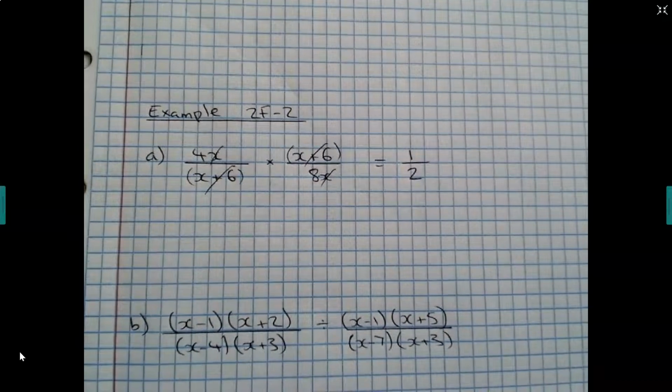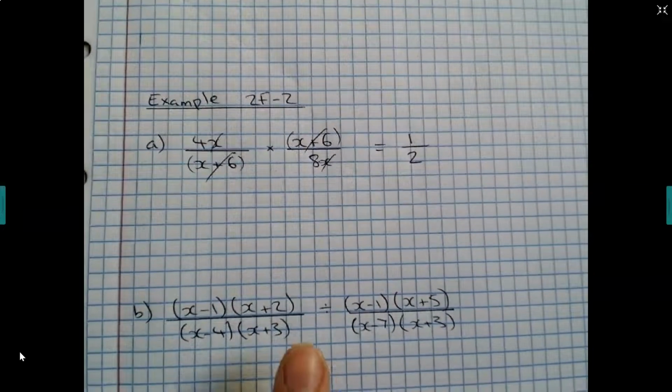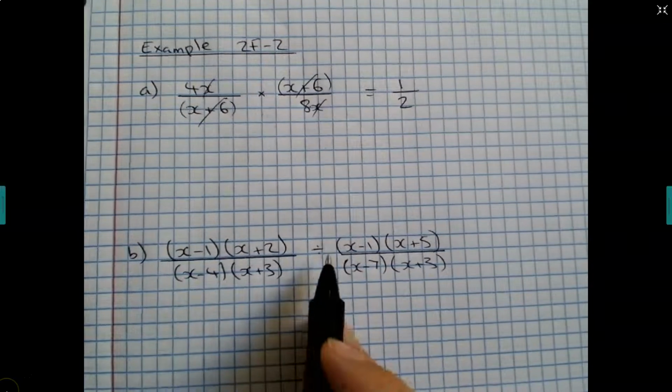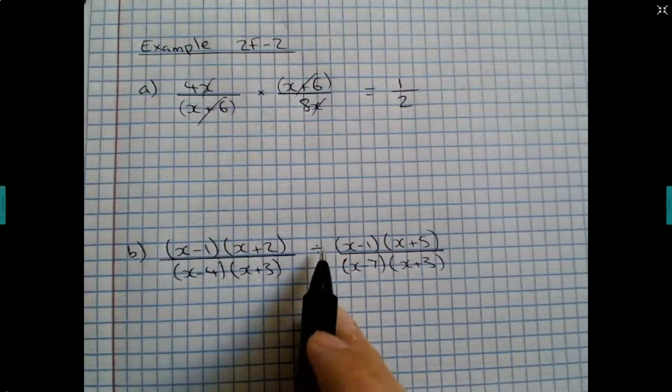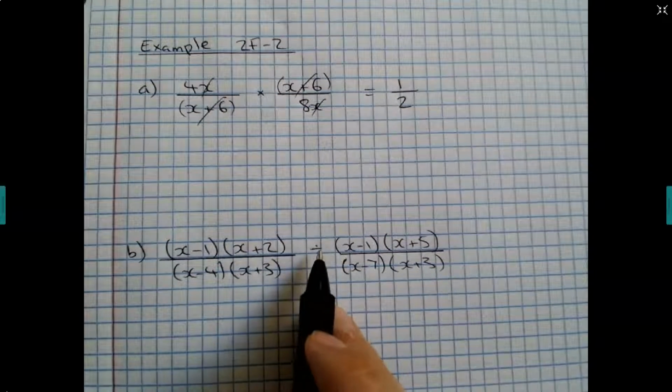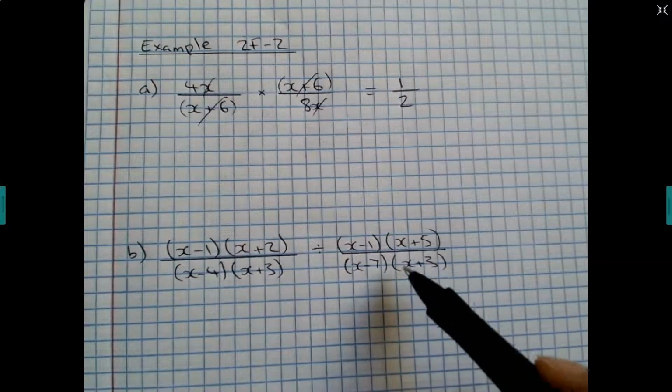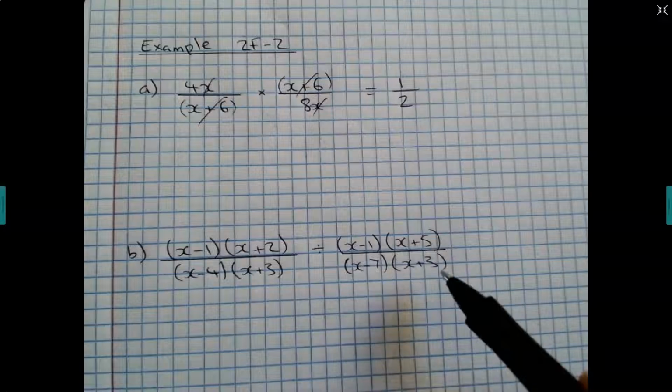Alright, now we get into the fun stuff. So, we have something that's looking like it's got quite a bit going on. I'll just pause this. Okay, so we're going to rewrite this and we're going to get rid of this division. We're going to change this division into a multiplication by flipping whatever's on the bottom to the top and whatever's on the top to the bottom.